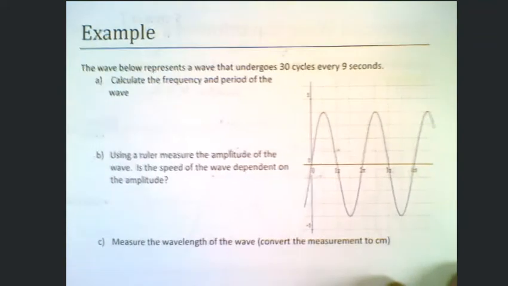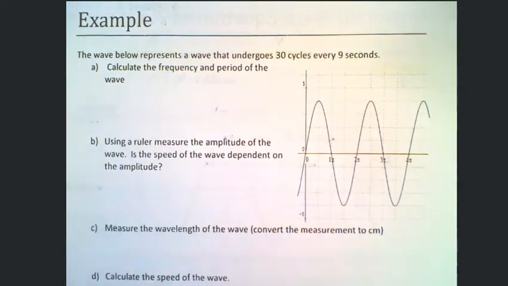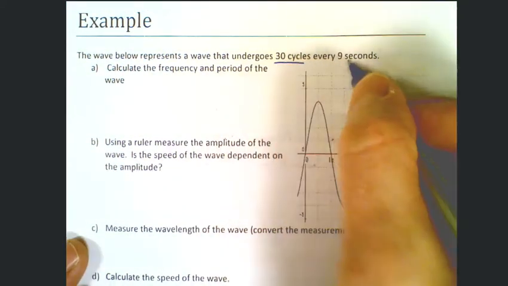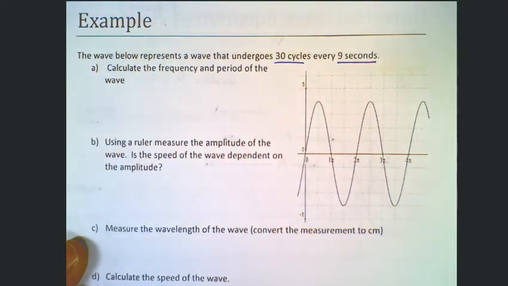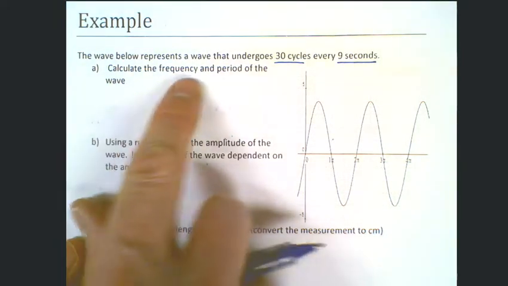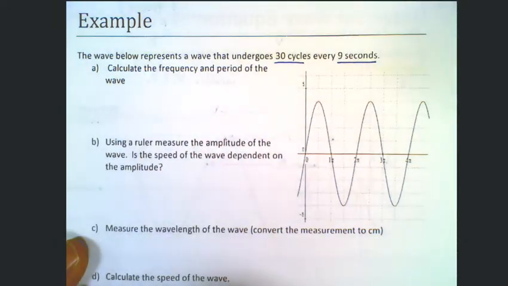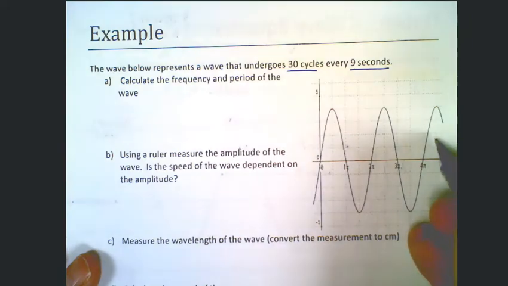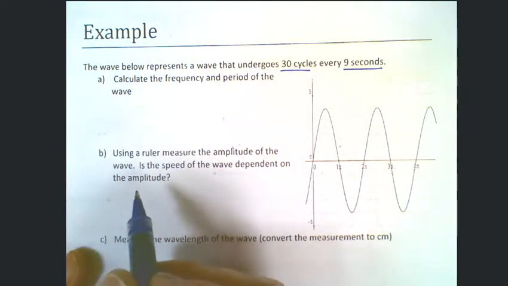From the package that you have, we're going to look at these quick examples right here. It says the wave below represents a wave that undergoes 30 cycles every 9 seconds. Calculate the frequency and period of the wave. So here's a wave, and it's doing 30 cycles every 9 seconds.